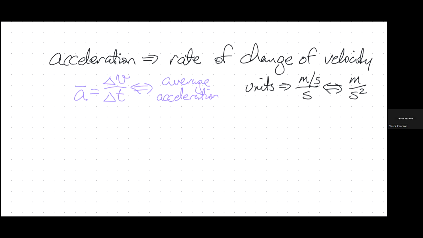Now, if the object we were studying before was moving at a constant rate, moving very steadily at -2 meters per second all the time, then its change of velocity wound up being not much of anything.